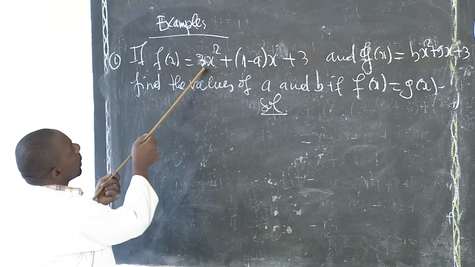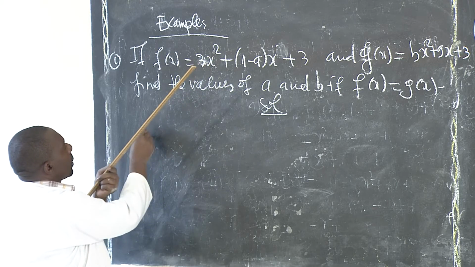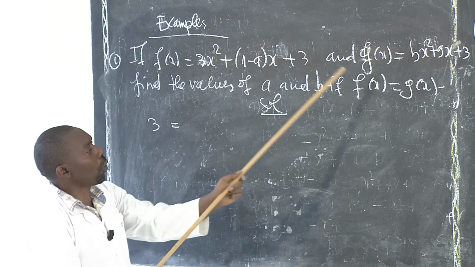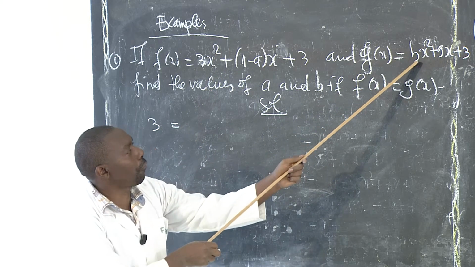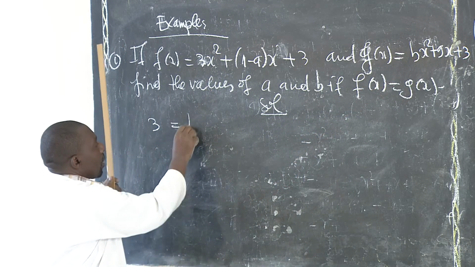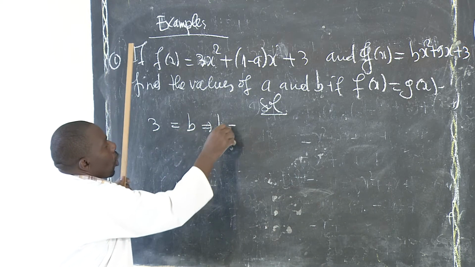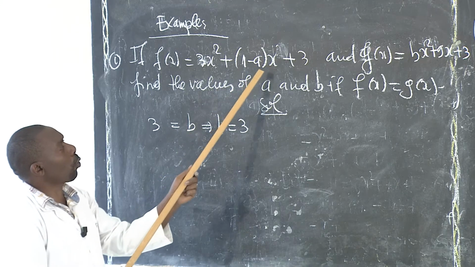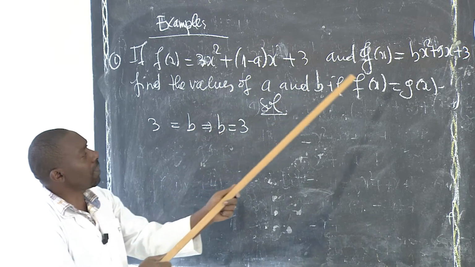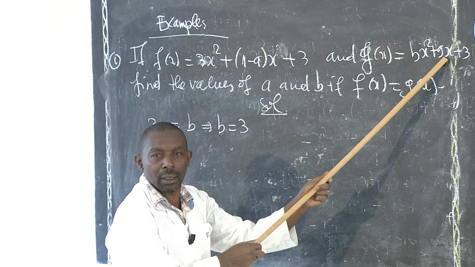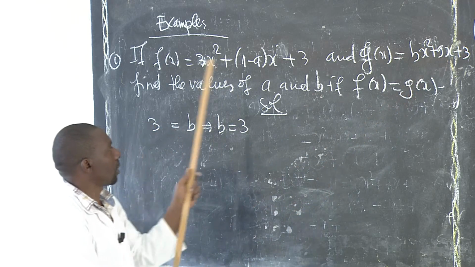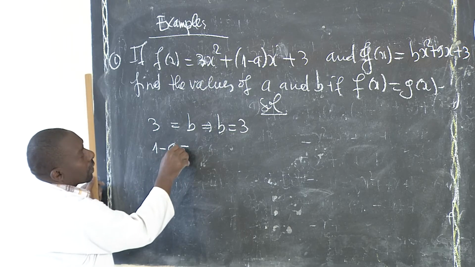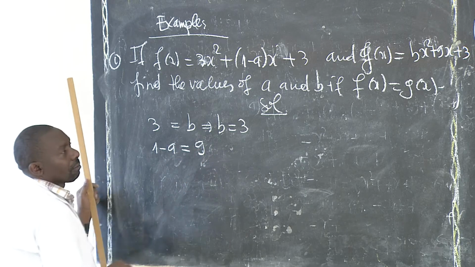Here the coefficient of x squared is 3, and the coefficient of x squared for g of x is b. It means b equals 3. They are like terms. Then the coefficient for x must be equal to the coefficient for x there, right? Nice. So we have 1 minus a, which is equal to 9.